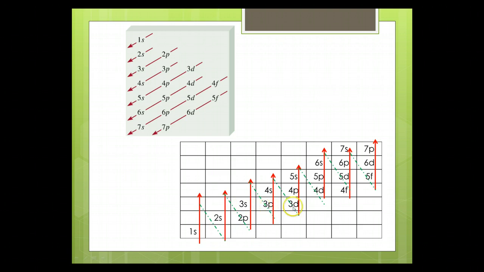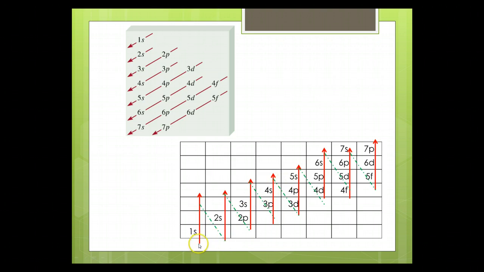Then after 3d would come 4s, 4p, 4d, and then 4f. Then 5s, 5p, 5d, 5f. We only need 2 f rows, so I'm not going to have to include anything more after this. And then I would do 6s, 6p, 6d, and lastly 7s, 7p.